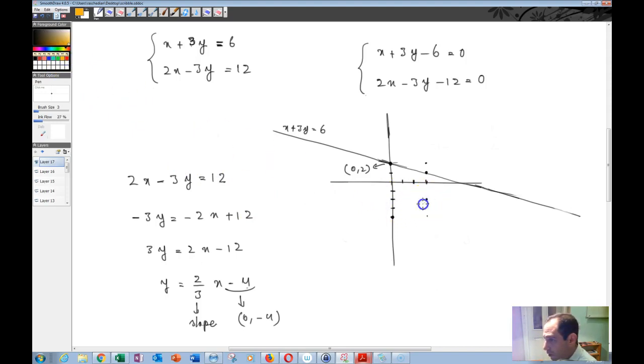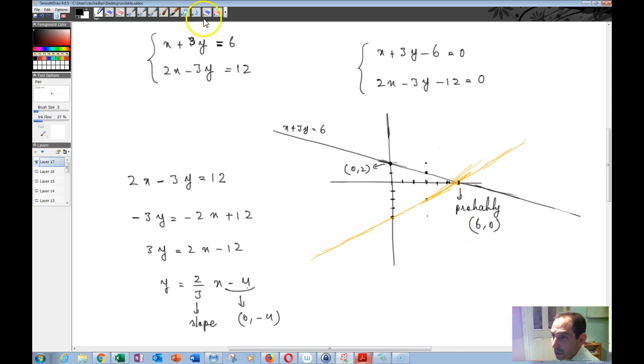And then if I connect these 2 points together, basically the graphs are going to intersect at this point. Whatever that point is, I don't really know, probably 1, 2, 3, 4, 5, 6, so (6, 0). We will see about that.